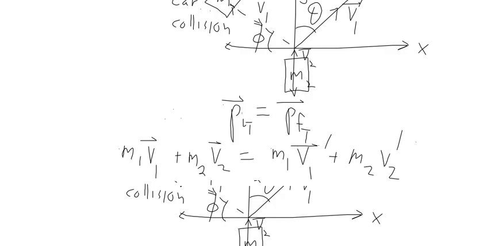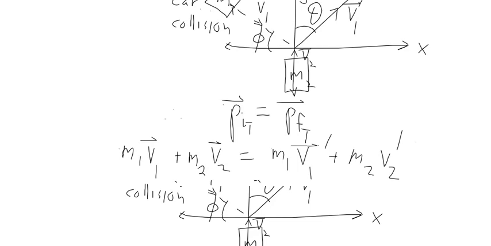However, since it's in a 2-dimensional scenario for this elastic collision, we need to decompose it into xy coordinates. So we're going to take this equation here and put it in x coordinates first. So let's do the x components first.